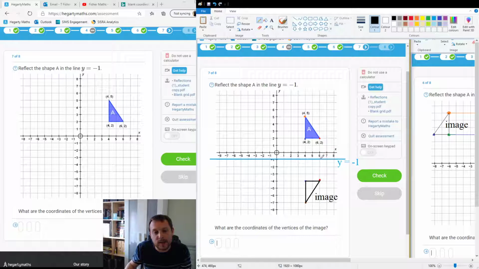So where have I got this answer? Well, the bottom of the triangle here, this base, which is two wide, it's 3 above the mirror line. It's 2 above the x-axis, but it is 3 above the mirror line, which means the image is going to be 3 below the mirror line.